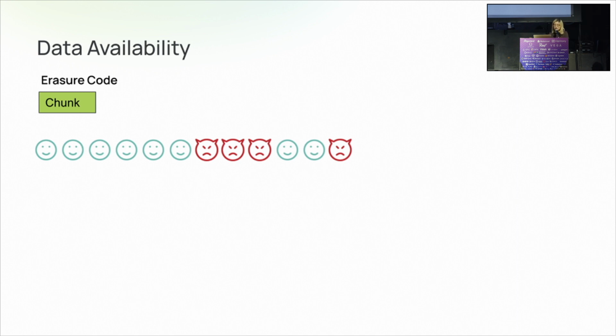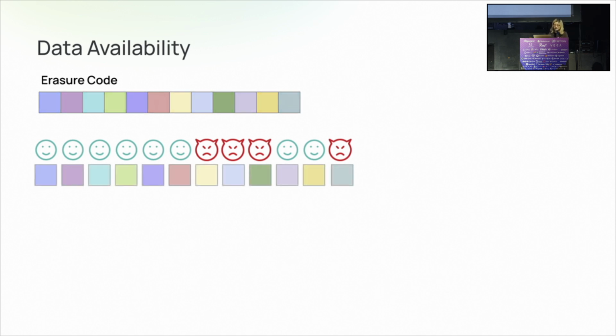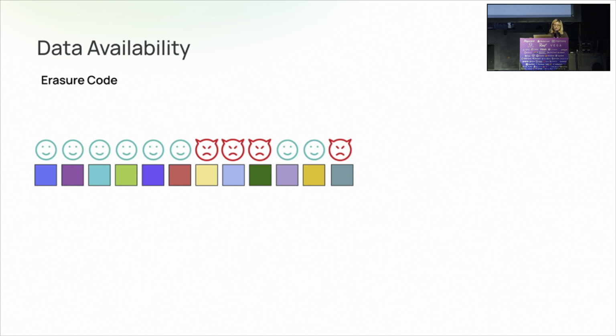So when a chunk is first produced at NEAR blockchain, the chunk producer, the validator who is responsible for producing this chunk, has to divide this chunk into multiple parts using erasure code. And there are an equal number of parts to the number of validators in the system. So these chunk parts will be distributed to all validators, one for each validator.